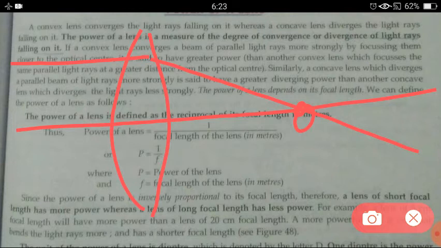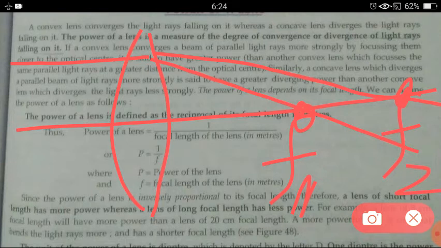Now suppose for the same lens we have a focus here, at this point. When the light ray comes, after refraction it has to go through this point. So in the first case this is our focal length, in the second case this is our focal length. This is f1, this is f2.